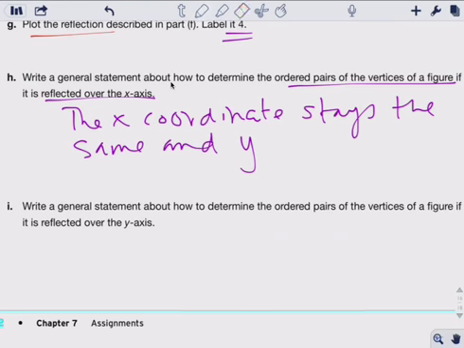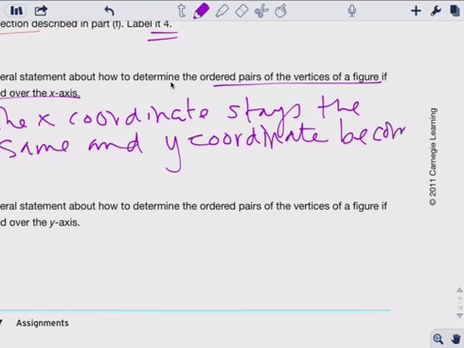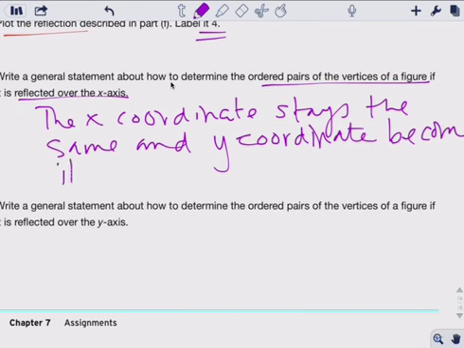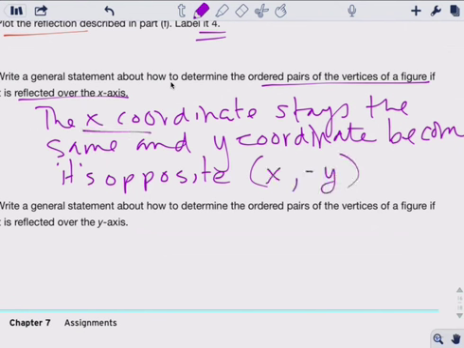They want you to write this over and over so you can remember, huh? Y coordinate becomes its opposite. And that, because y becomes its opposite, x stays the same, so it stays x. Y becomes its opposite, negative.